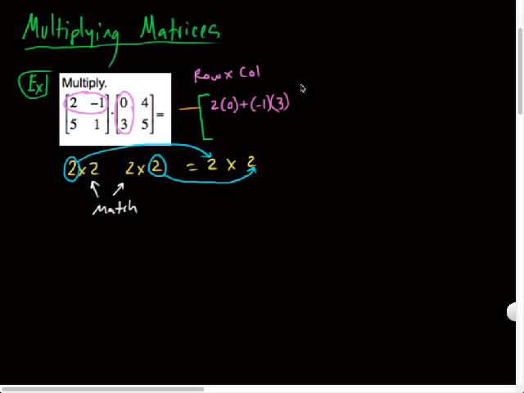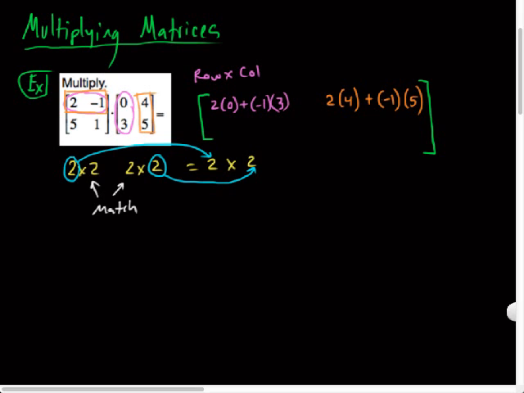So what do you think I'm going to do? I'm going to multiply the first row by the second column. So I'll have 2 times 4 plus -1 times 5.